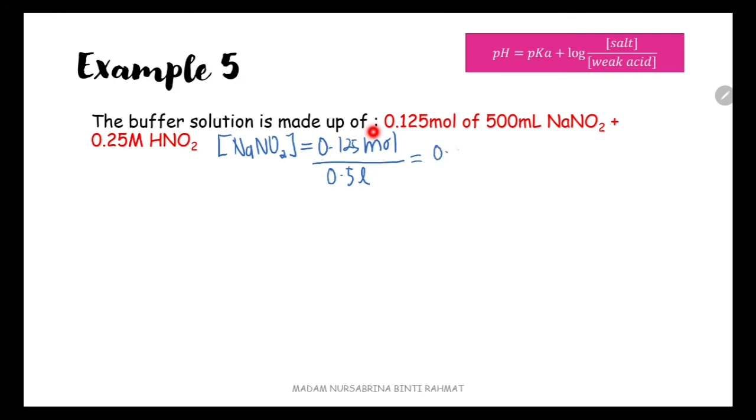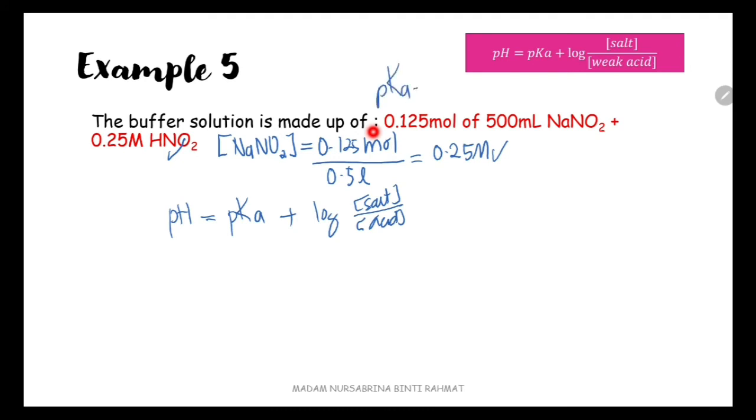So you will get 0.25 molar. Then you already have the concentration of your salt as well as the concentration of your weak acid, which is also 0.25 molar. Then you can substitute into the Henderson-Hasselbalch equation, plus log salt over acid. So what is pKa? pKa is simply negative log Ka.